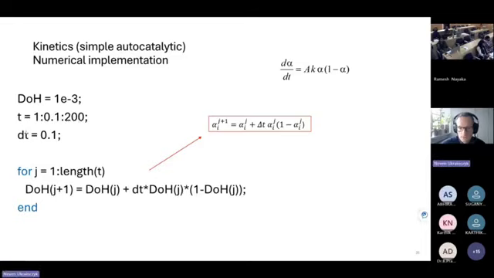You have the delta t step, and you calculate the new value based on the old value plus the delta t step times this function value, which gives you the slope. If you multiply by delta t, you get the epsilon value. So this is the basic Euler finite difference method.